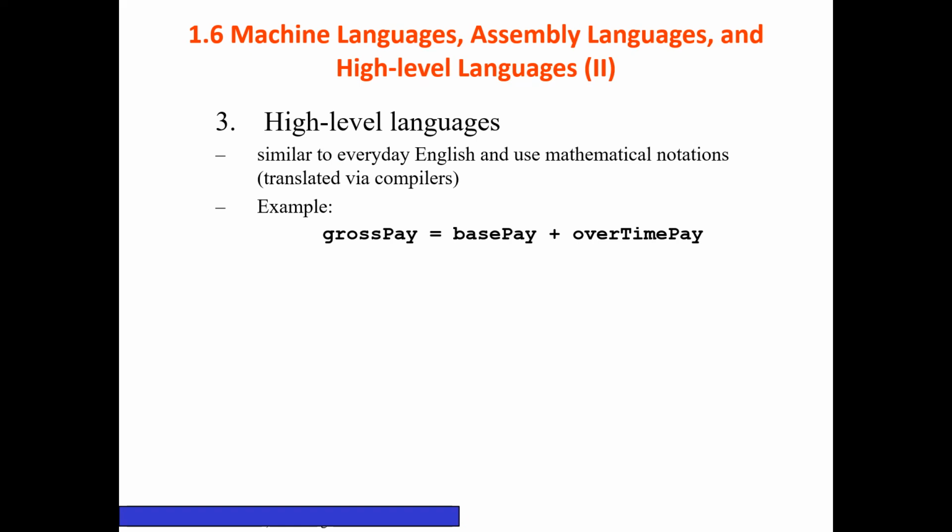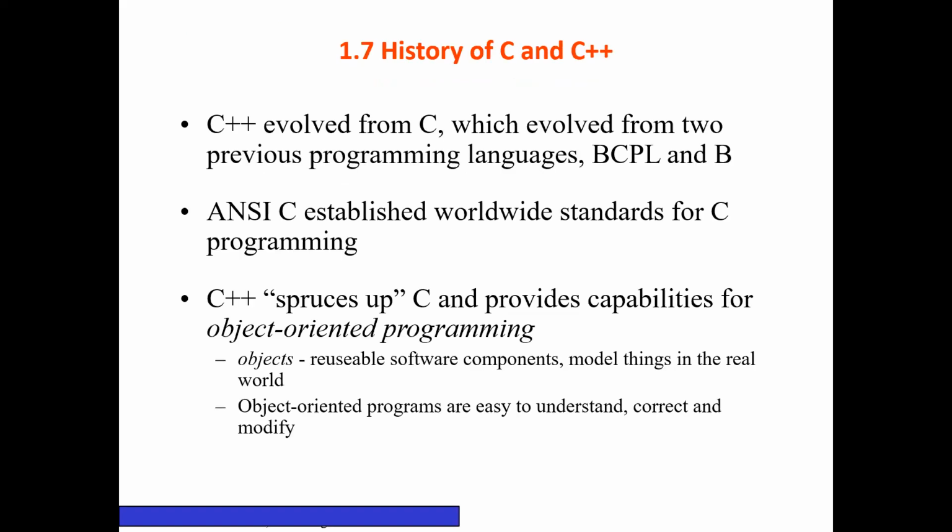And these software systems which convert a high level language program into a machine level language program are called compilers. So we need a compiler for converting high level language programs into machine language. We need an assembler for converting assembly level language programs into machine level language programs.